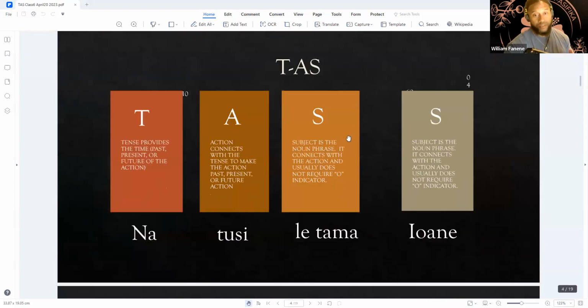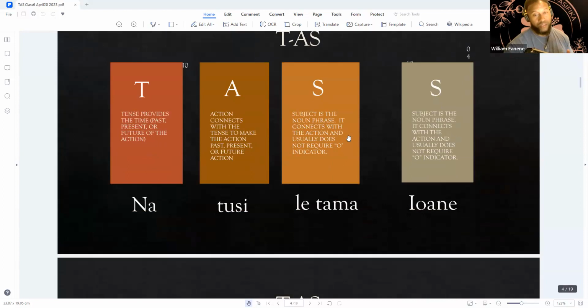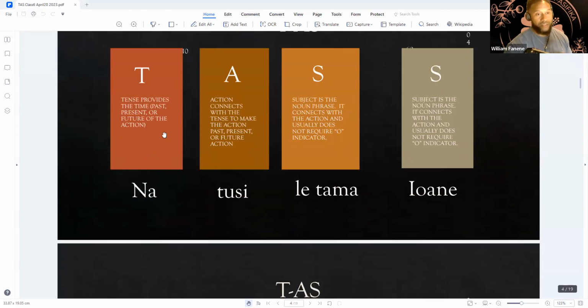All right, so we talked about this already. Natusi letama. So we have a tense. I guess we just go over it for clarity purposes. Our tense and our action is going to be past tense write, which is wrote, and then letama is going to be the subject doing the action, and they're going to do it to another subject, and that's our location.